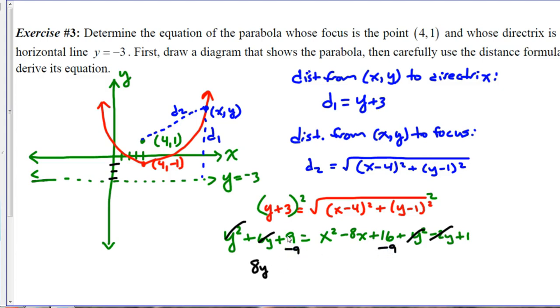On the left side I've got 8y, on the right side I've got an x squared, a negative 8x, and, well, 16 plus 1 is 17, minus 9 is 8. So it's going to work out nicely. Dividing through by 8, and that's our equation. Thanks for watching.